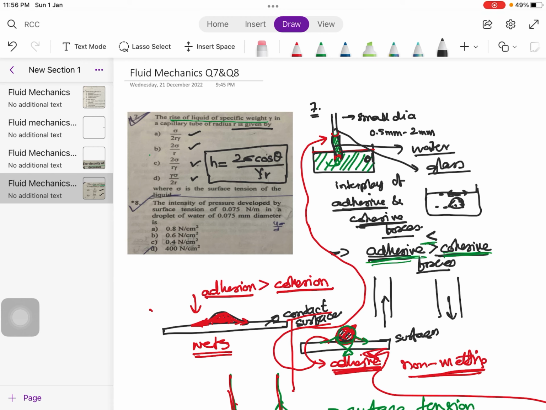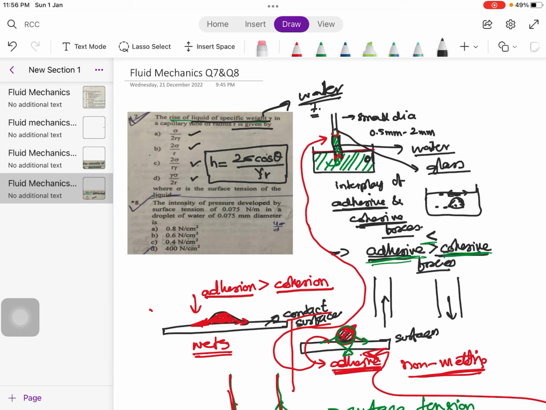Now you must have observed that there is no component of the angle mentioned in this question. Therefore, it can be assumed that the liquid in question, whose specific gravity is gamma, is basically water.